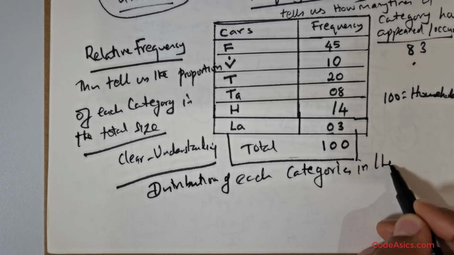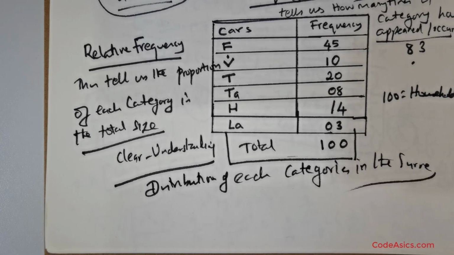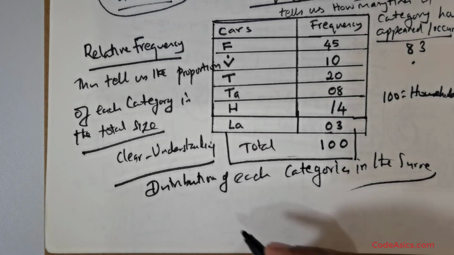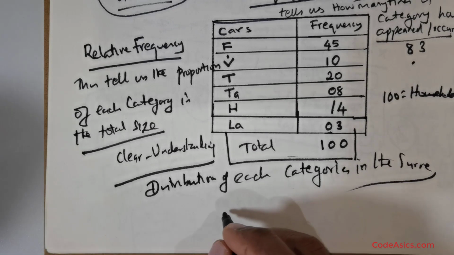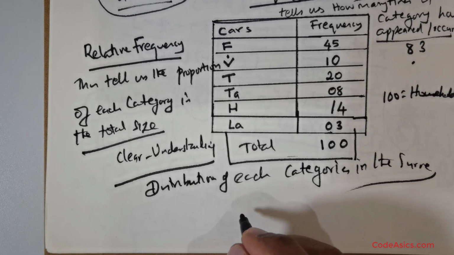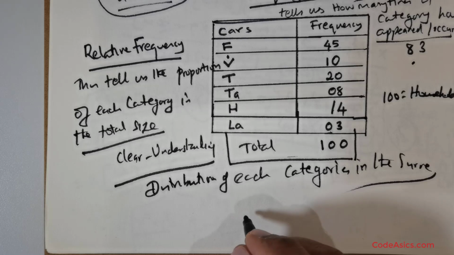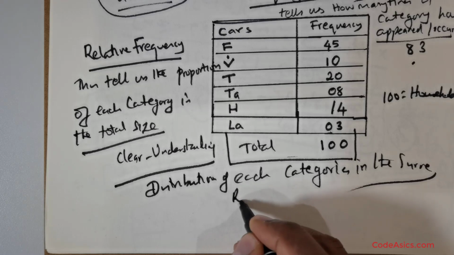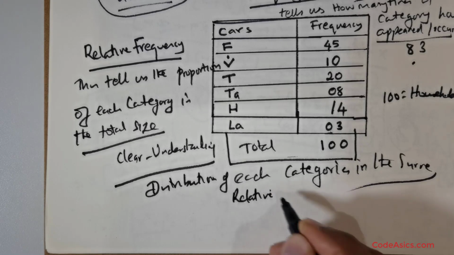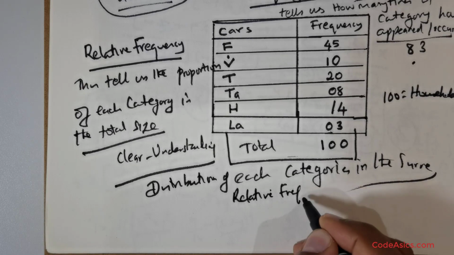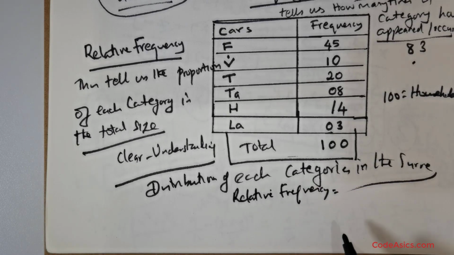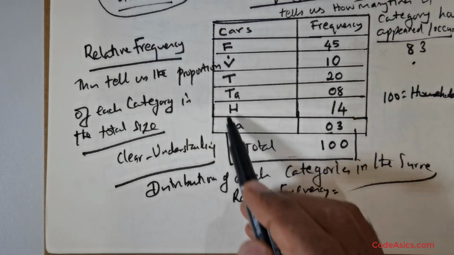in the survey. So having mentioned that, what I wish to do is get the relative frequency. So how do I do that? Now there is a formula you have to know. To get the relative frequency, I will utilize a formula. When I say relative frequency, I am talking about the relative frequency for each category.